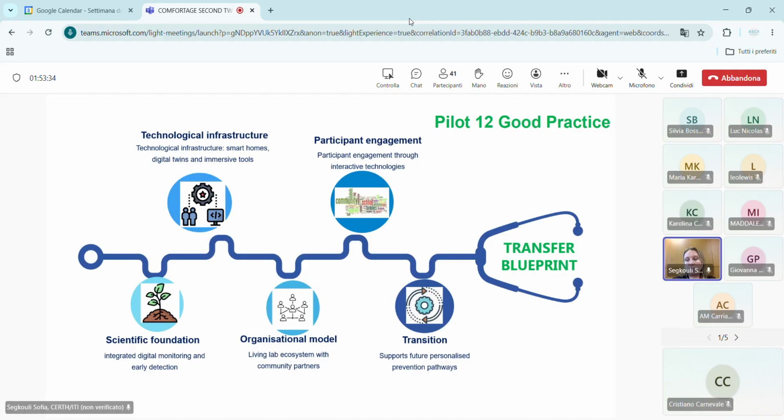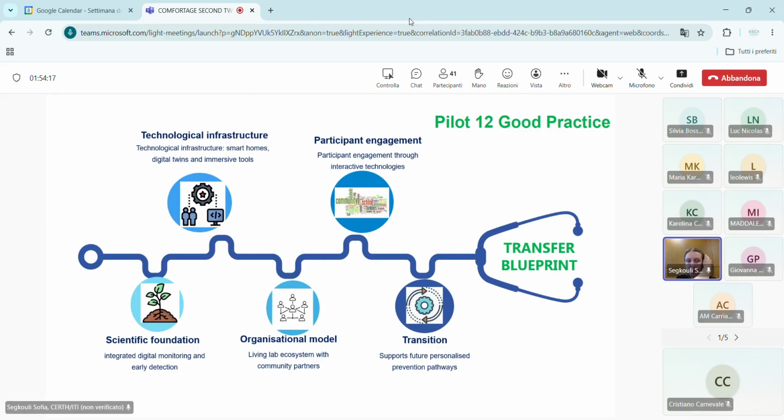And so we would like to highlight that in terms of pilot 12, the first and most important guideline and principle is the user-centered evaluation model that drives participant engagement. This can be achieved by combining professional care coordination with users, and this creates a hybrid ecosystem where clinical data and community-based data are in very good coordination.